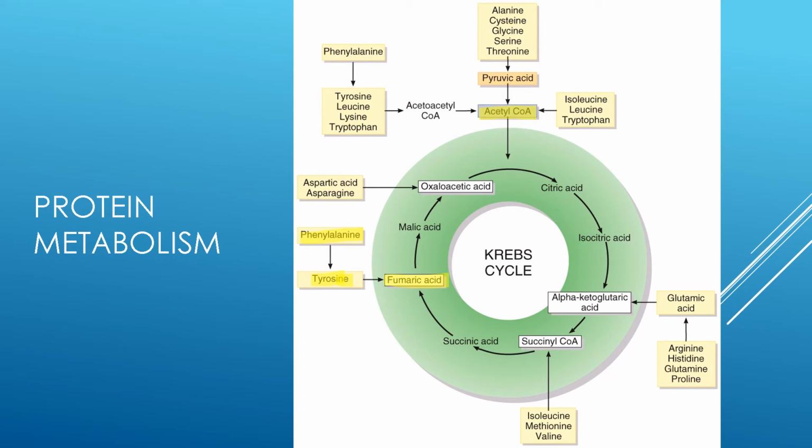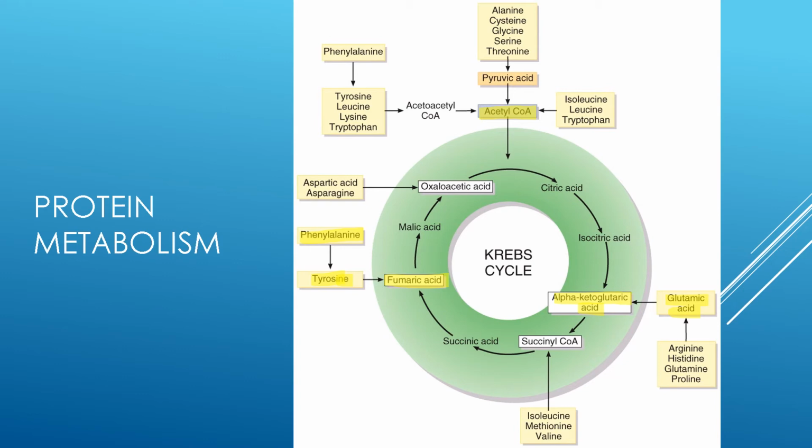Other things like glutamic acid can be converted into alpha-ketoglutaric acid, which again is another intermediate in the Krebs cycle. A lot of these amino acids at the top of this figure can all be converted into acetyl-CoA with 1 or 2 steps. And so acetyl-CoA, obviously, we know can enter the Krebs cycle.